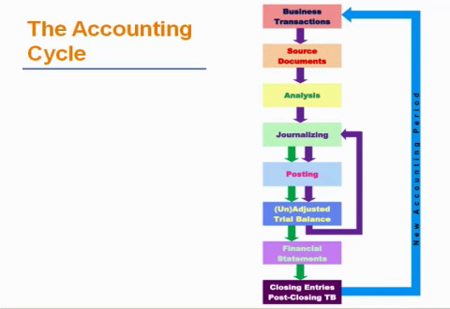And that brings us to the accounting cycle. And we've just gone through a few steps in the accounting cycle. So in the accounting cycle, we would be looking at business transactions. We would identify the business transaction, and we would generate or obtain a source document. Next, we would look at the documentation and analyze the transaction.